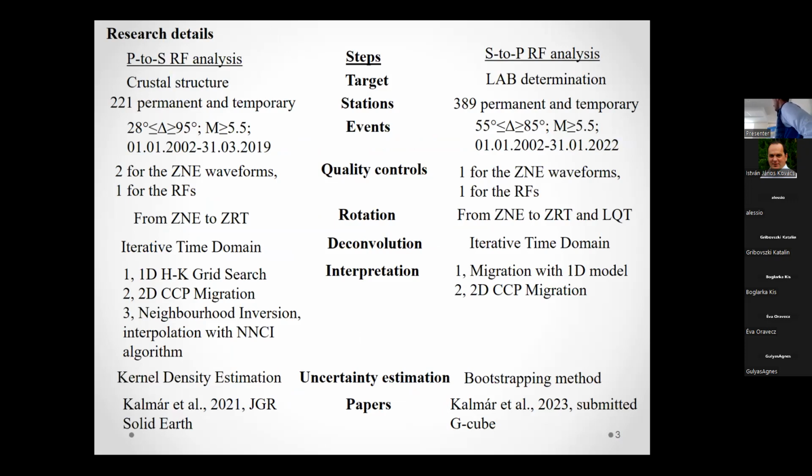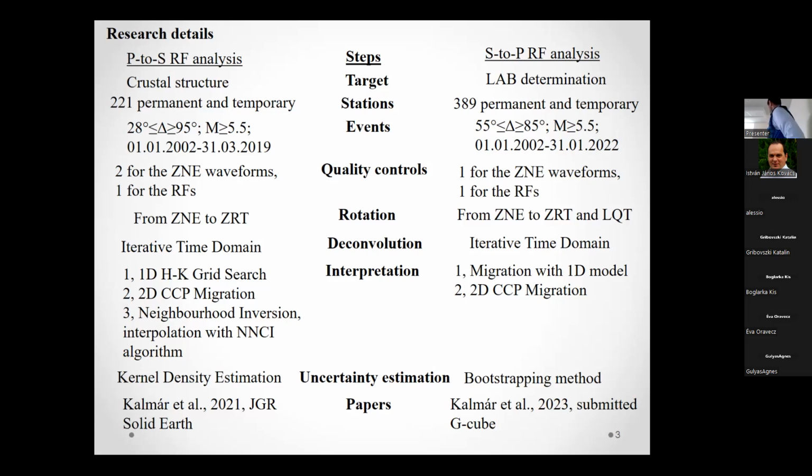For the P2S receiver function analysis, the target was the crustal structure determination beneath the Pannonian Basin. We used precise preprocessing steps and rotation and of course the deconvolution, and we used 3 independent interpretation methods. You can see the details in the Journal of Geophysical Research Solid Earth article, 2021.